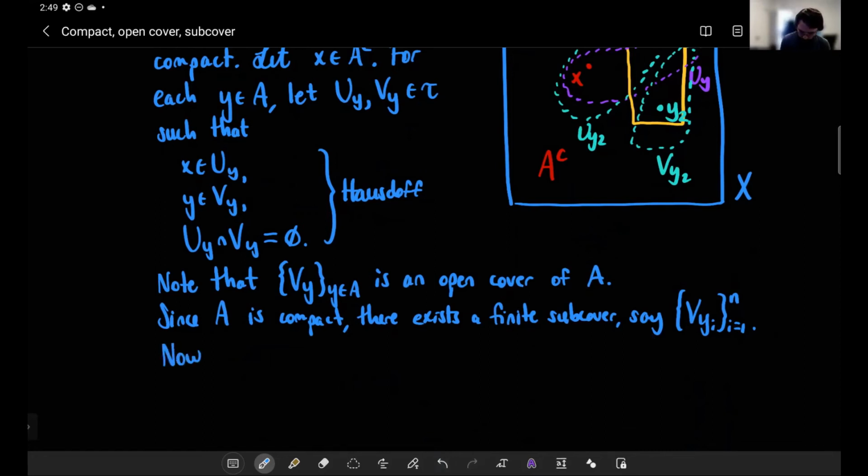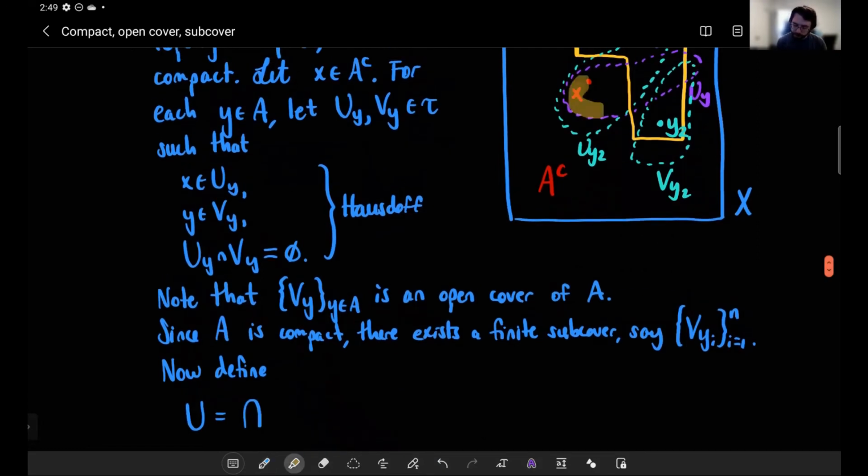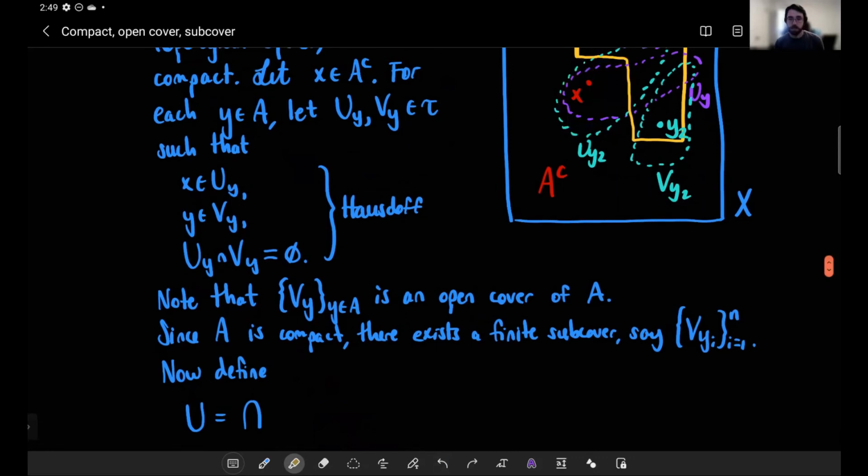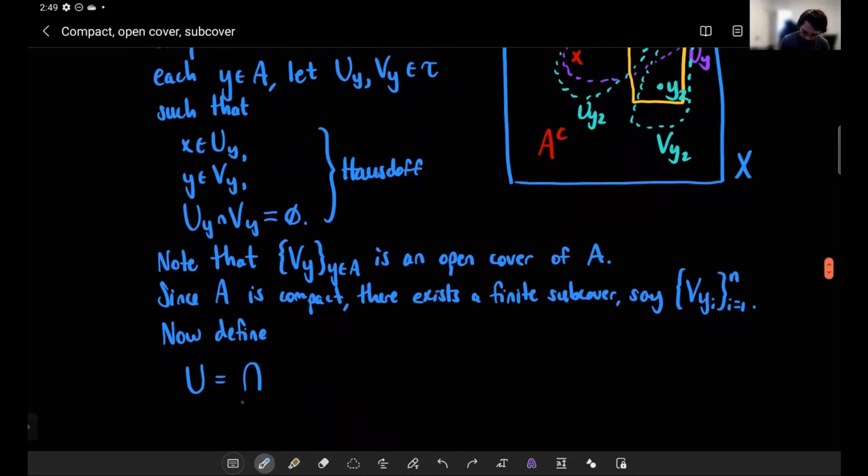And in particular, we're going to do that intersection trick that I mentioned. Define U to be the intersection. And this time, I don't have to worry about taking an infinite intersection of open sets. Instead, I'm just going to intersect finitely many open sets together. And we know from the definition of a topology that intersecting finitely many open sets together is fine.